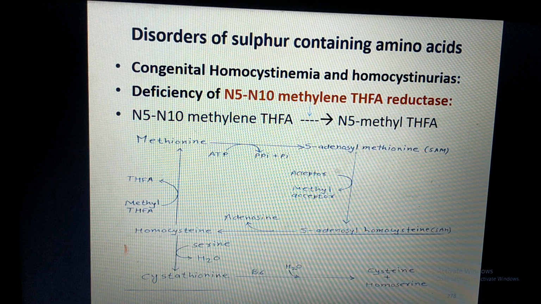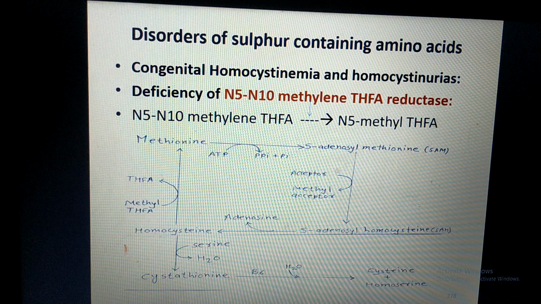If this enzyme is deficient, then there is decreased synthesis of methyl tetrahydrofolate. And when methyl tetrahydrofolate deficiency is there, then conversion of homocysteine to methionine is hampered and the homocysteine level in the blood increases, leading to homocystinemia and homocystinuria.